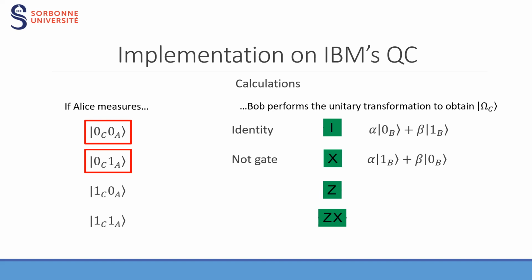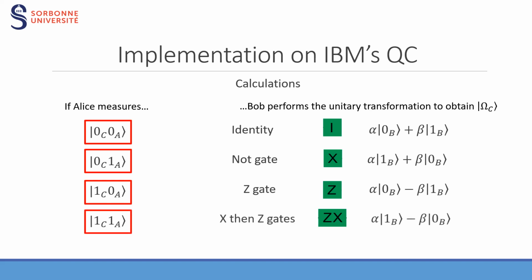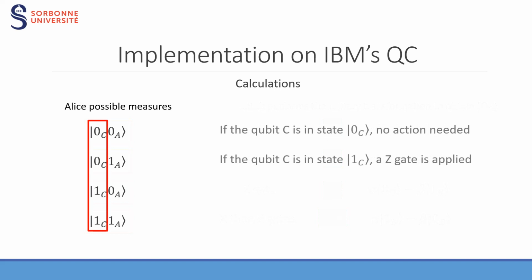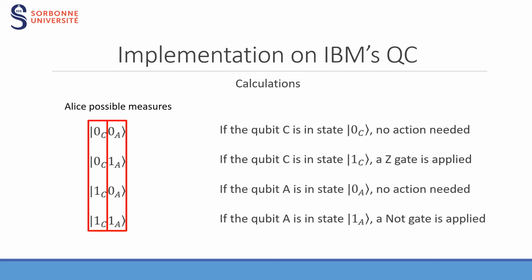If she obtains 01, it is an X gate, 10 a Z gate, and finally 11 an X and then a Z gate. Thus, by analyzing those results, we can see that when the qubit C is excited, meaning in the state 1, Bob needs to apply a Z gate, and when it is Alice's qubit, Bob applies a NOT gate.